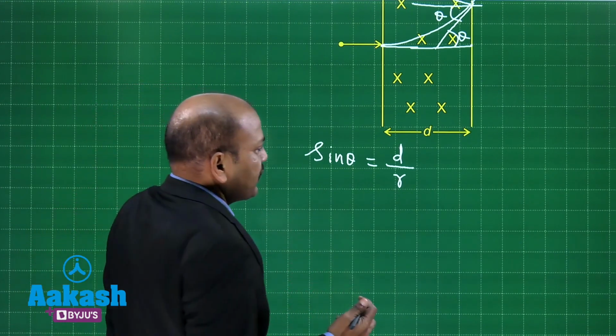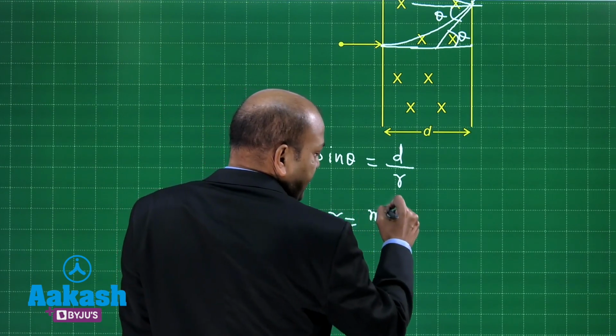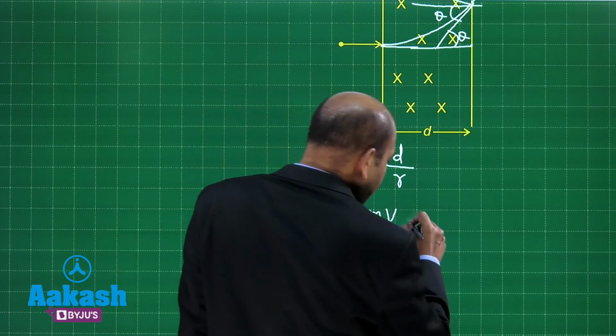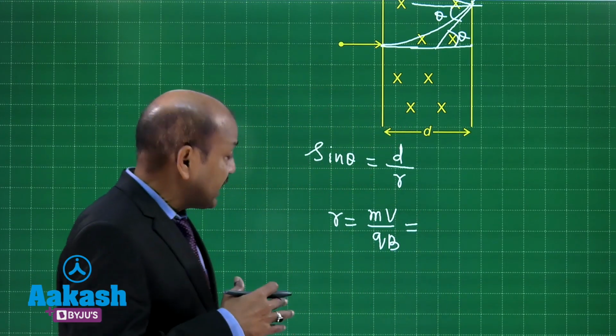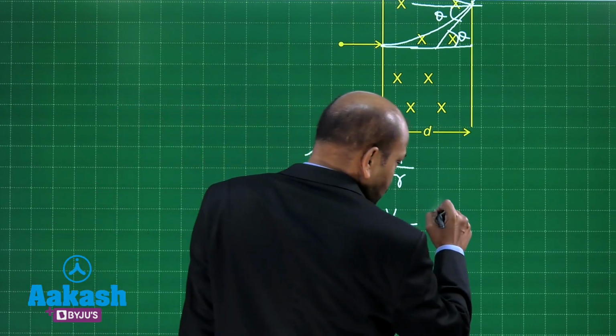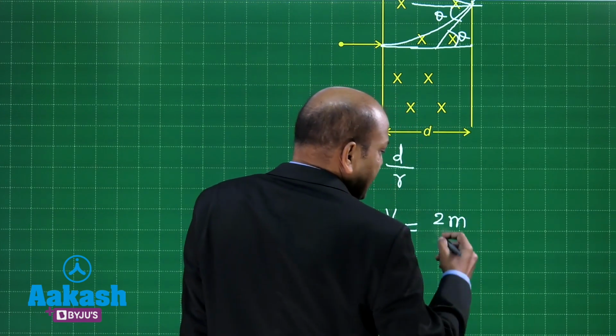So, what is the expression for r? r is given as mv divided by qB. So, now here what is mv? The magnitude of momentum is equal to the square root of 2 times the mass of the particle into its kinetic energy.